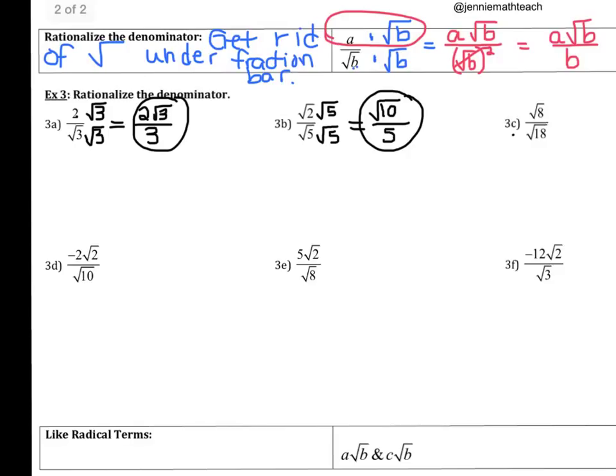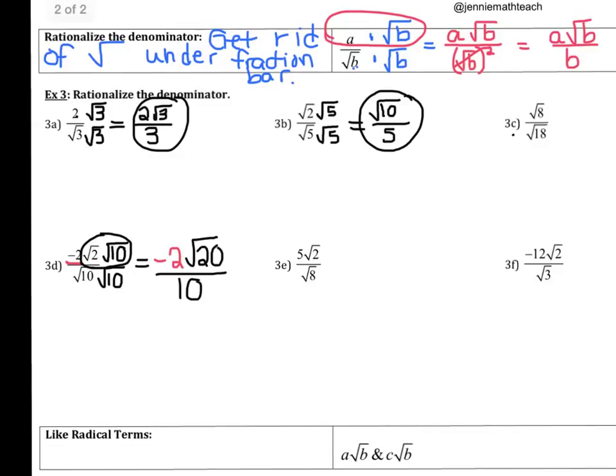We have a square root of 10 on the bottom. So we're going to multiply by the square root of 10 and the square root of 10. So this negative 2, that's going to stay out front. These are going to join together and become the square root of 20. And underneath, we're going to have plain 10.